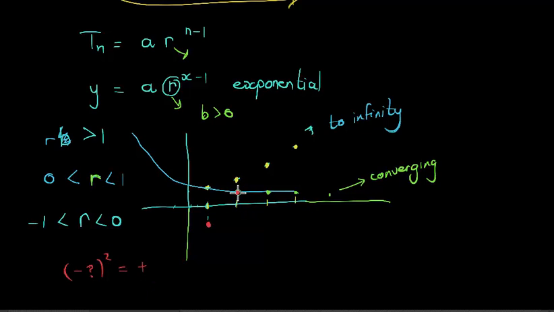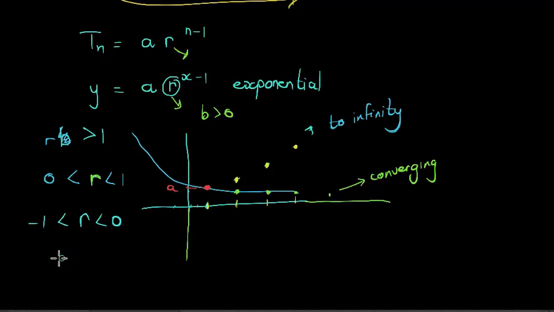Actually, it's the other way. I'm sorry. When n is 1, I'll just have a, whatever a is. So there's my a value.